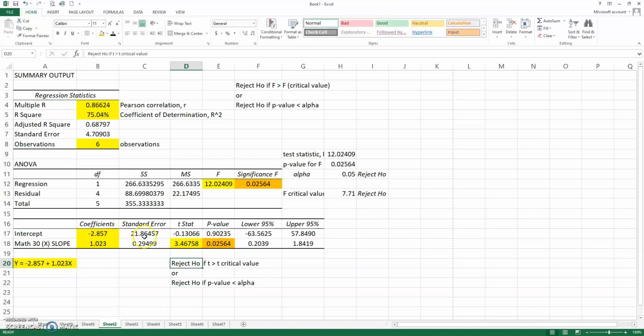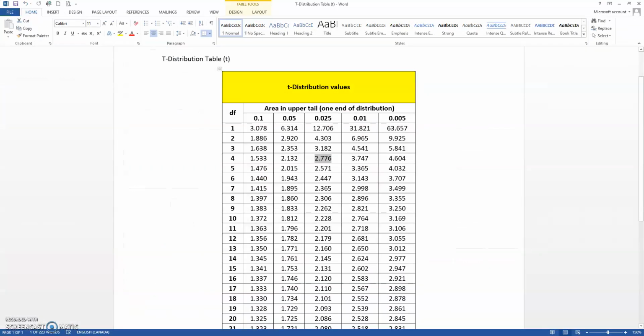We know the test statistic is 3.46. We need to find the critical value of t. Using the t-distribution chart, we're testing at 5% level of significance. So we have n minus 2 degrees of freedom for the t-distribution test.